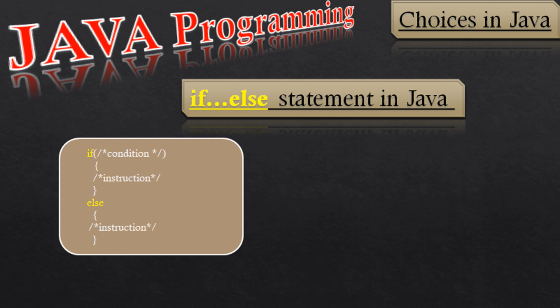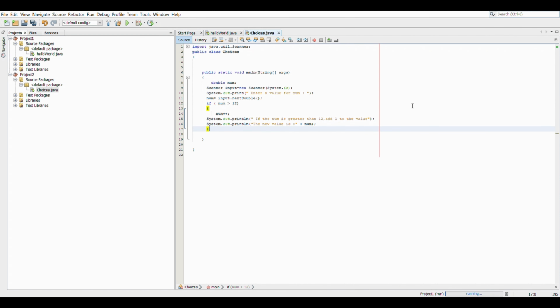And a good way to understand how the if-else statement works is by doing an example. So let's go back to our exercise here, where we already have the if statement with the condition of the num being greater than 12. Let's try to use the if-else statement in this case.